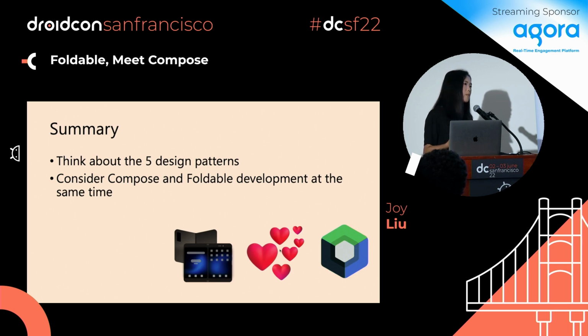Some people ask me whether it's a good time to try Compose, or whether they should enhance their application on a foldable, dual screen, large screen devices. If you start thinking about that, I think try both of them together may be a good idea. So if you got stuck or you don't know where to start, we are here to help.